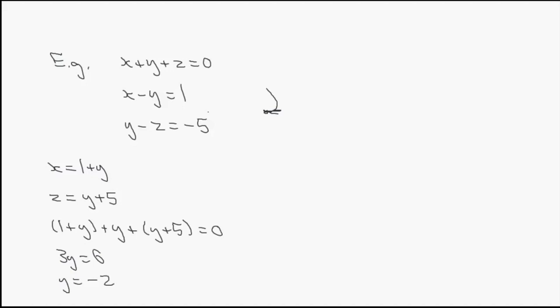And because we know the value is -2, we can go back to the values, and we can see that x equals 1 plus -2 equals -1. And for z, it would be -2 plus 5, in which the value will be 3.